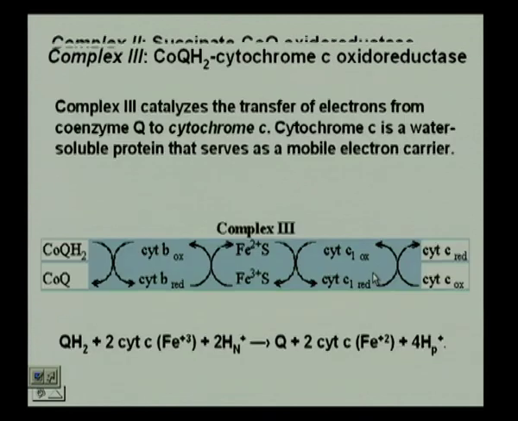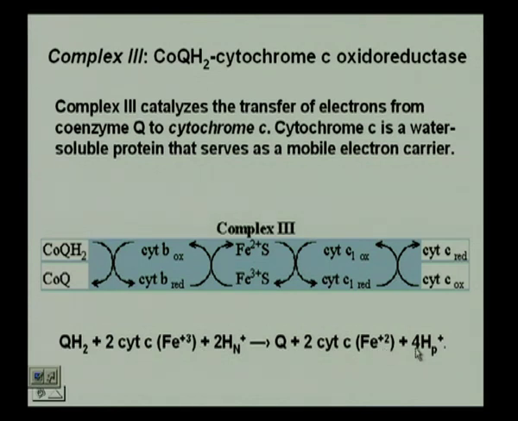So, we have to have another system with the cytochromes in this case that is going to take QH2, with the help of cytochrome C and 2 protons from the matrix side, that is the N side, and form Q. The 2 cytochromes were Fe3 plus, and they are going to form Fe2 plus.